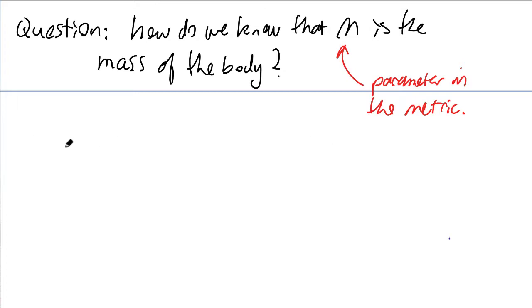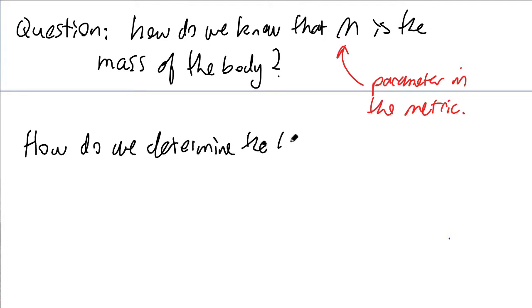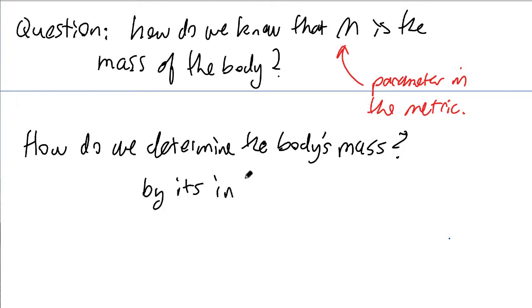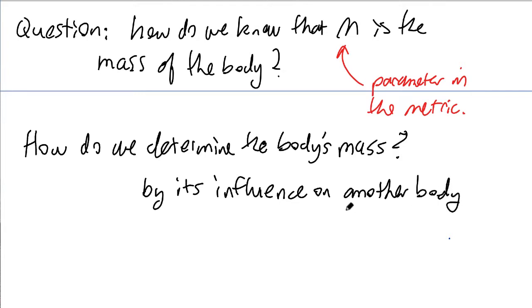This raises the more basic question, how do we determine the mass of the body? Well, we determine a body's mass by its influence on another body. Say, a test mass.